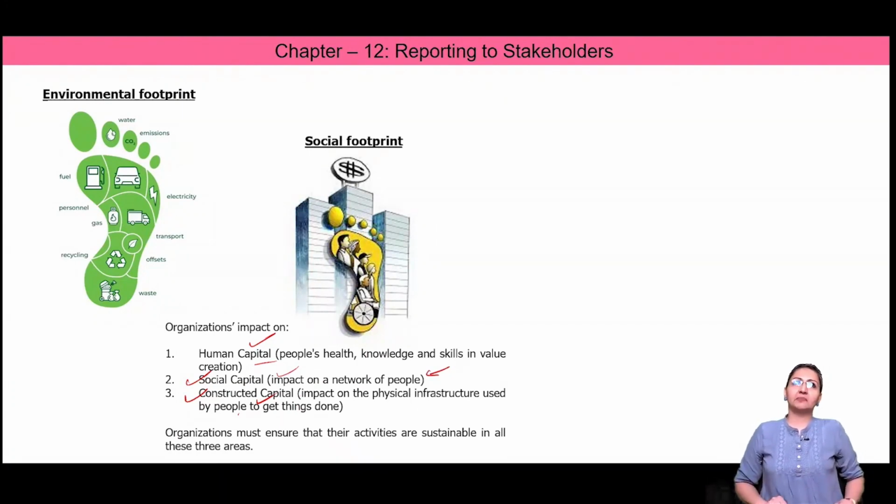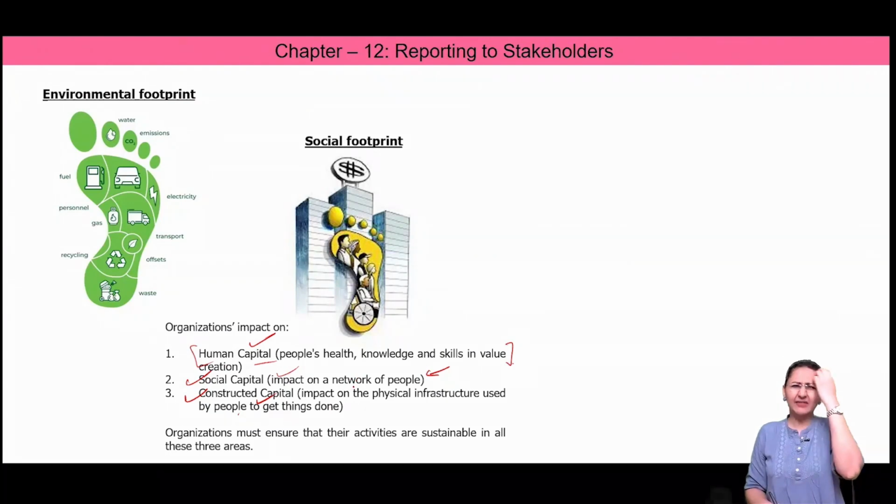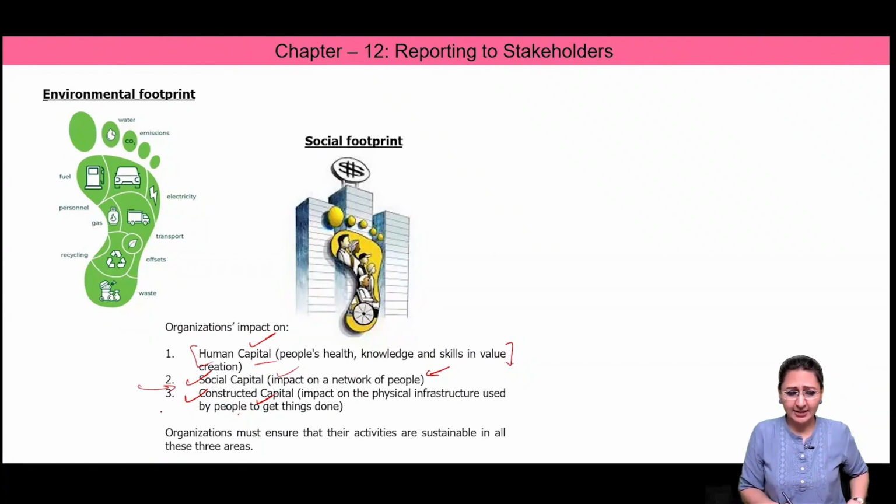For example, they can be your customers, they can be the surrounding people of an NGO, there can be poor people, there can be people who are the suppliers of this company. So human capital basically relates to the people working with them and the people who are in their factory, basically the workers and the employees. Social capital is the society. Constructed capital is the infrastructure.